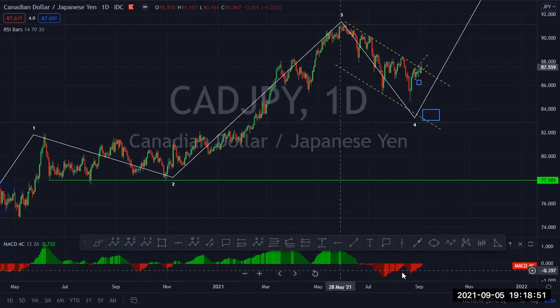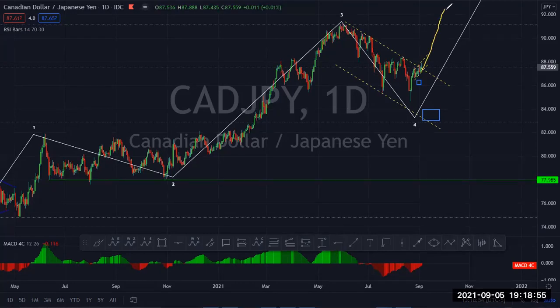Whether we are getting this, or we are getting this. So these two options are still 50-50, as far as the daily chart is concerned.